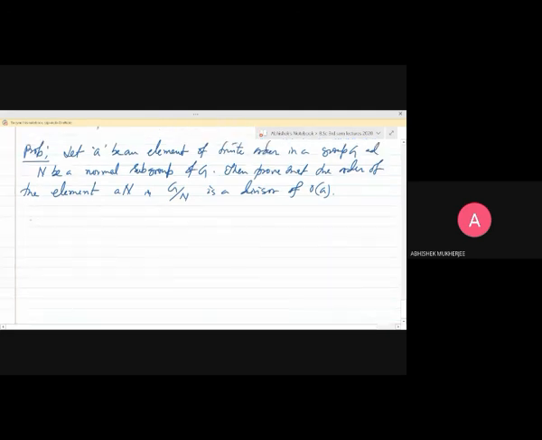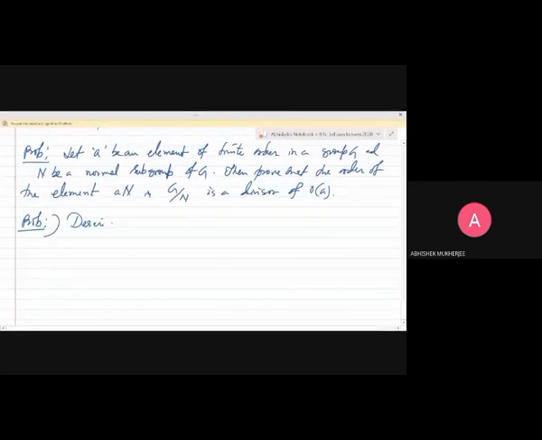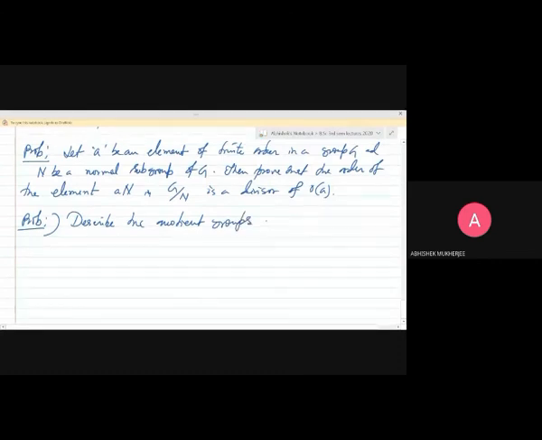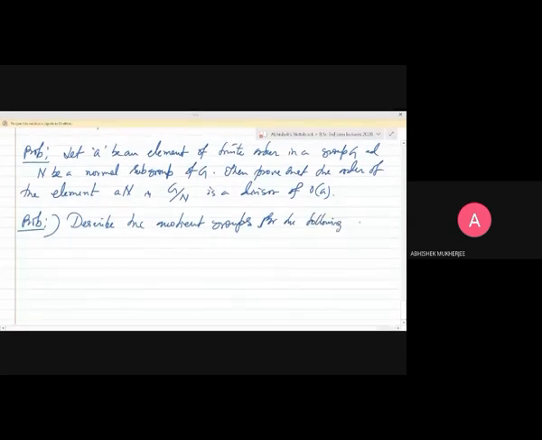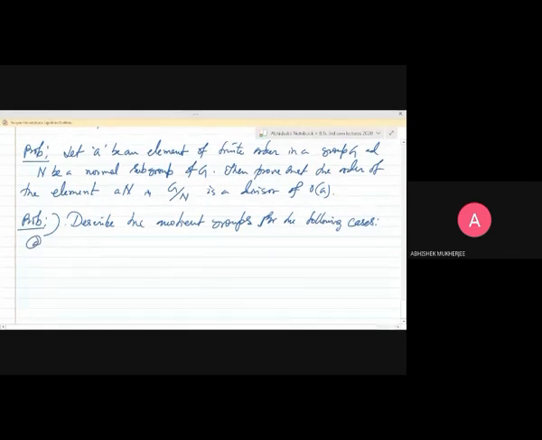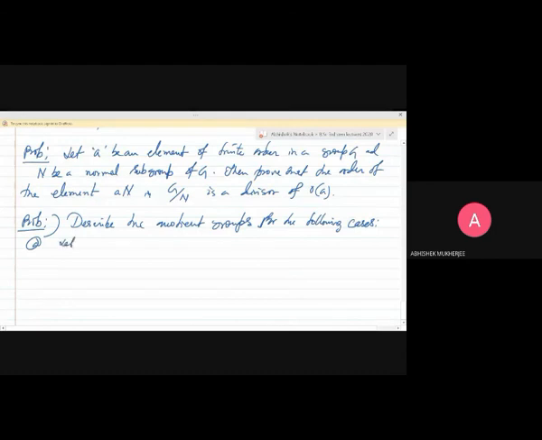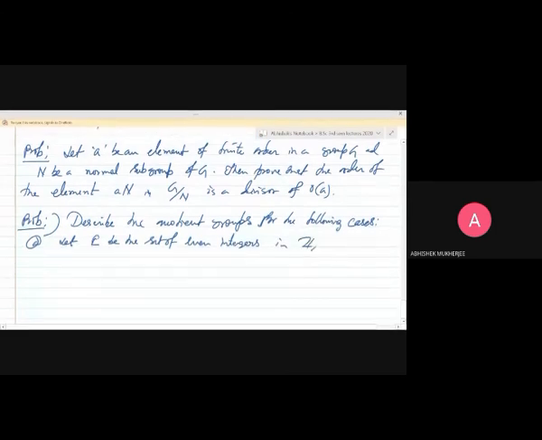Describe the quotient groups for the following cases. Number one, let E be the set of even integers in Z plus.